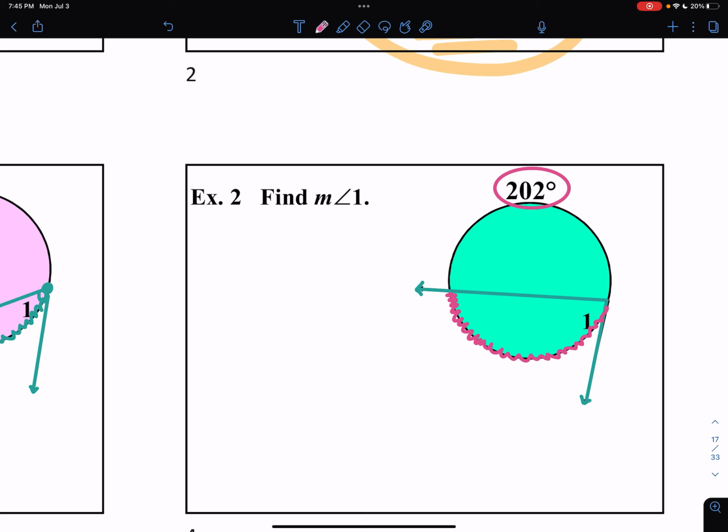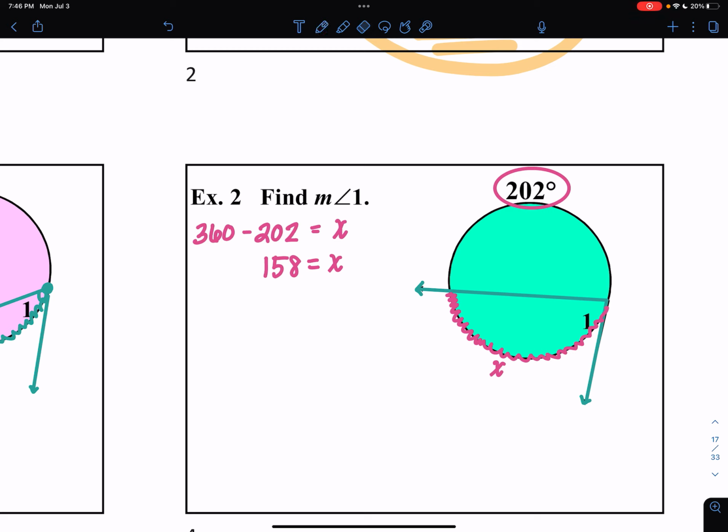What I want you to notice is that 202 and our unknown arc, if you put them together, that's the whole circle. So if I do 360 minus 202, that tells me my missing arc.